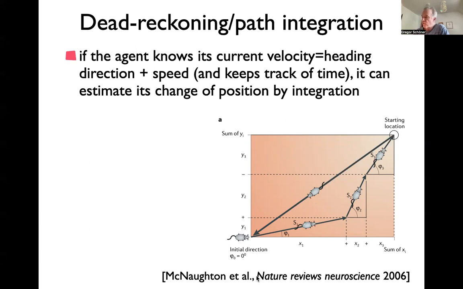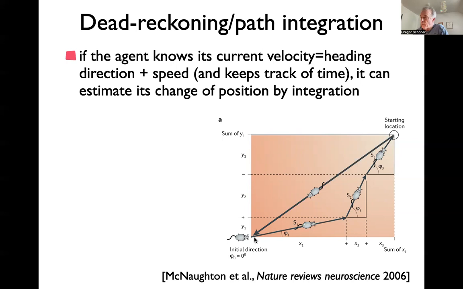So here's an example from a neuroscience paper, involving a rat. That illustrates the idea that if the rat somehow knows in which direction it is moving and knows how fast it is moving, then it could integrate that information, and it would have to keep track of time.